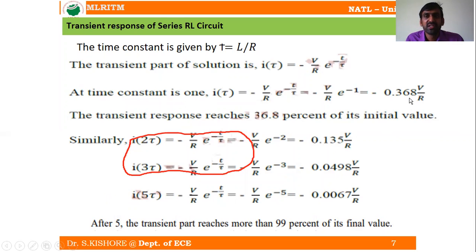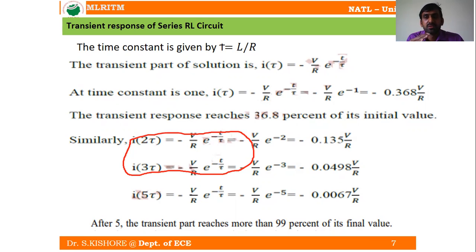So this is the difference you have to observe with respect to the time constant analysis of a series RL circuit. If you include the steady state portion of the current also, the response is going to have a wide change compared to calculating individually the transient part.